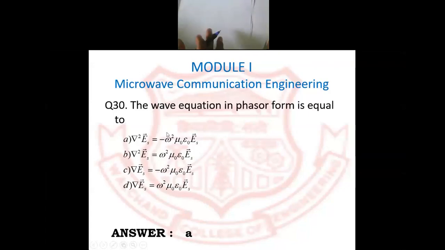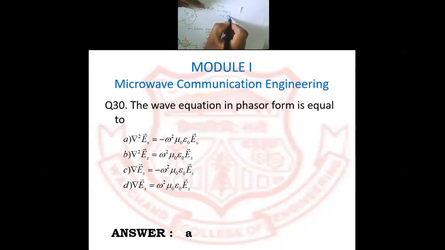Generally, if you solve for this particular equation, we can consider that we find out a del cross of E. Then we take a del cross of E. So it is nothing but what? A del cross of E is nothing but del B bar by dt.